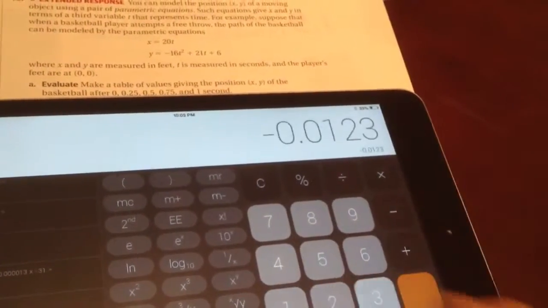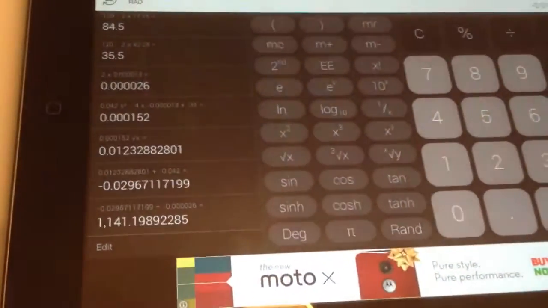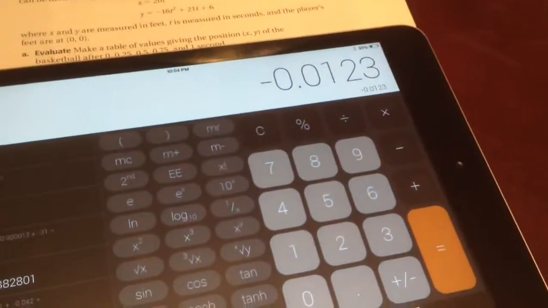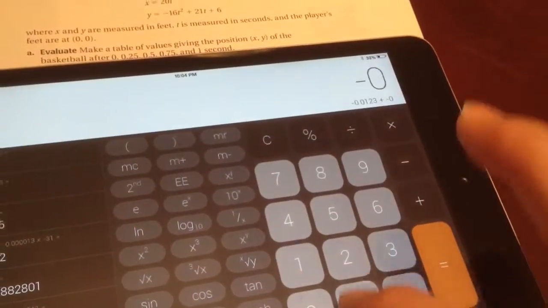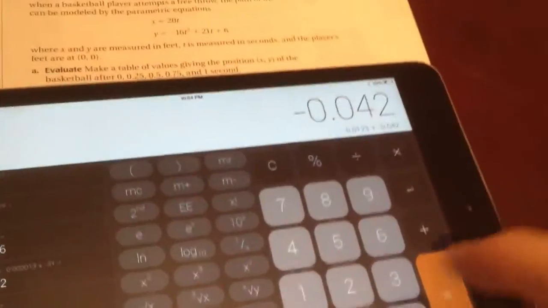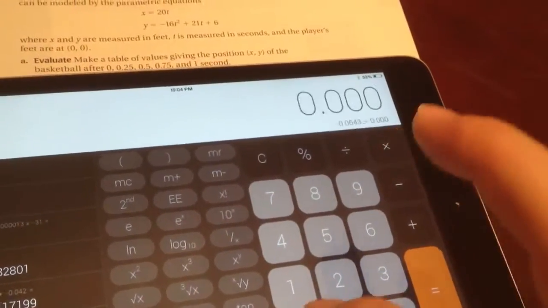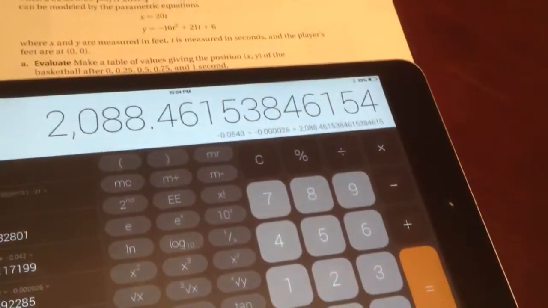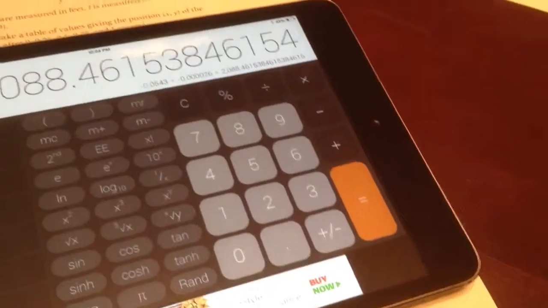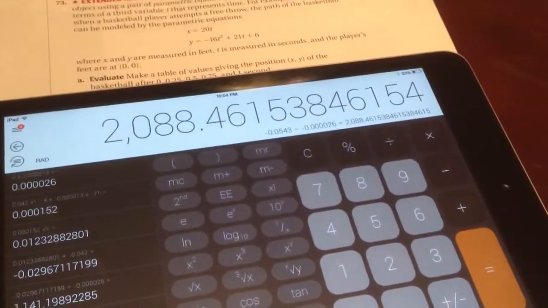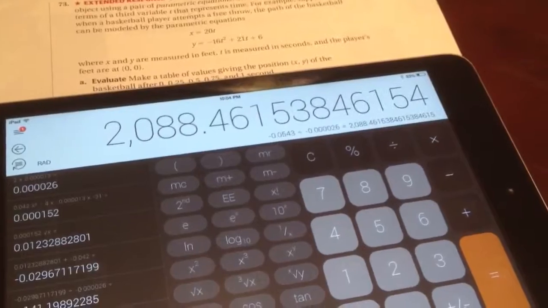So then we take the negative square root, add it to the negative 0.042, and divide that by negative 0.000026, and you get approximately 2088.5. So it says predict the elevation at which you would expect to see 10 species of ants.